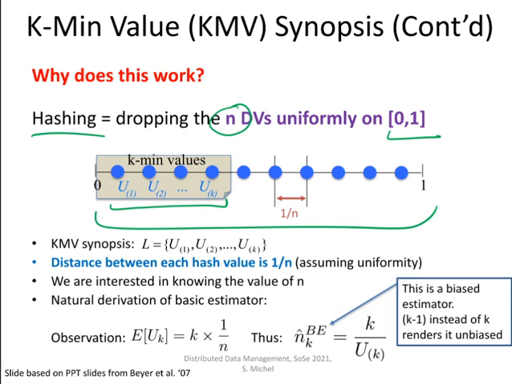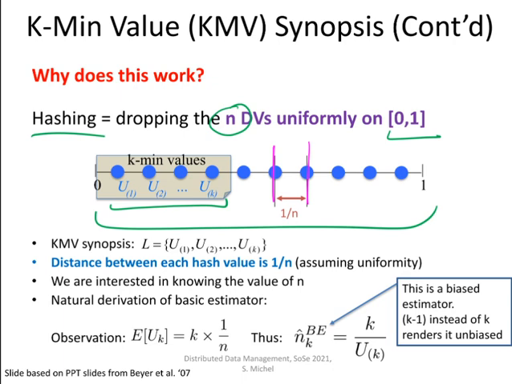That's important. This is also why the sketch is counting distinct values, right? Anyway, in this illustration we see that by the uniform mapping of these n distinct values into the interval, the distance between two of these blue dots is 1 divided by n. And we are interested in n, right?